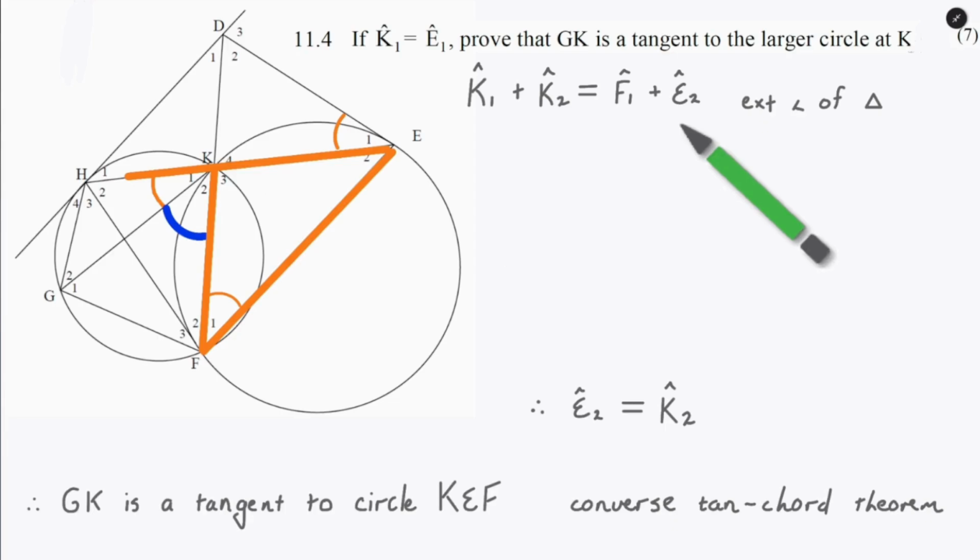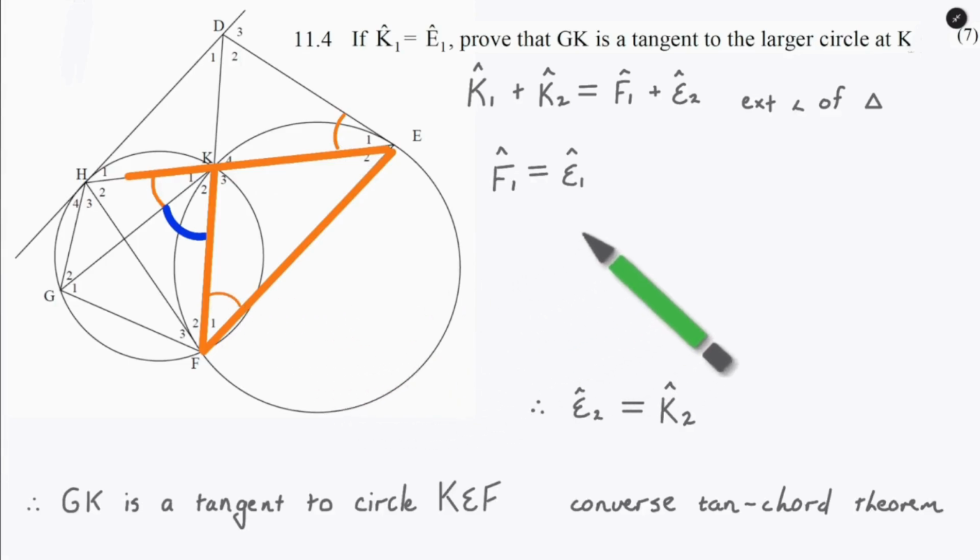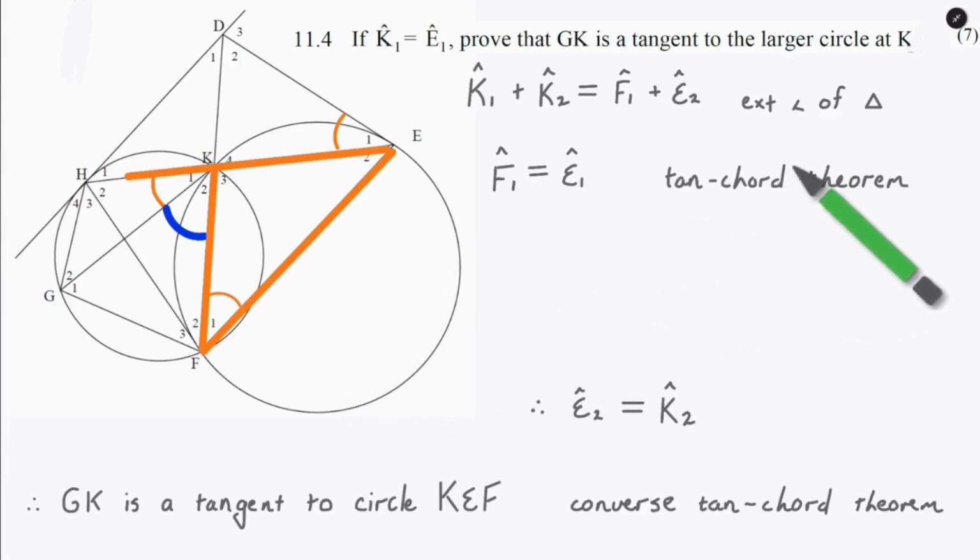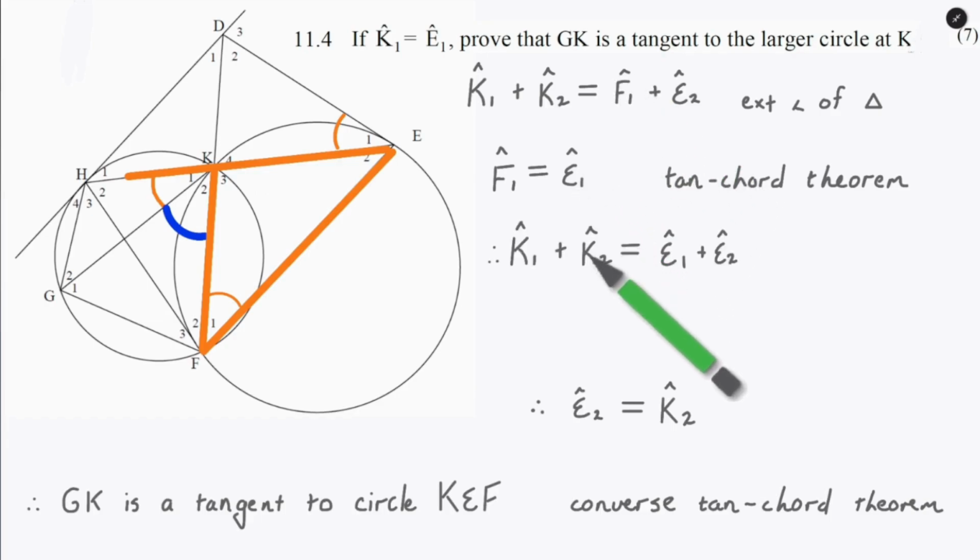Okay, in the previous question rather, we said that E1 is the same size as F1 due to the tan chord theorem, or I can say proven here since I did it in previous questions. So I'm going to swap this F1 to an E1 now, and we get this expression over here.